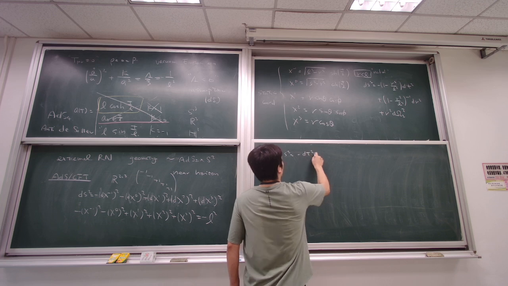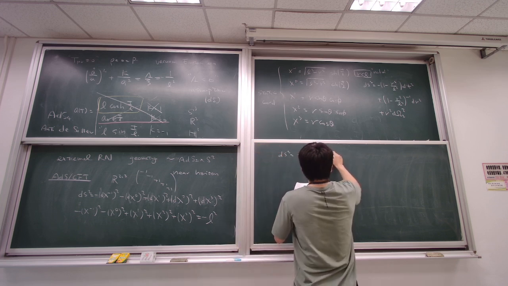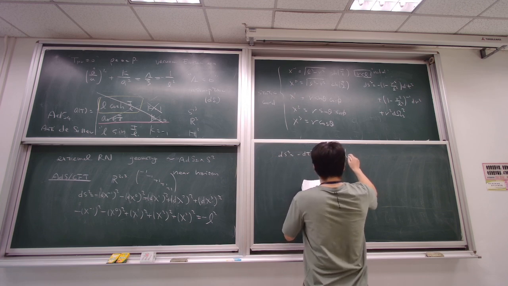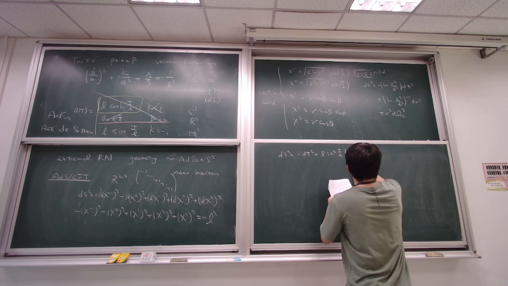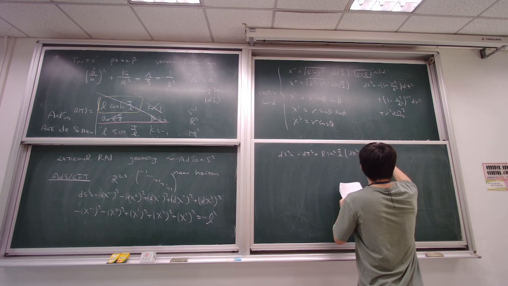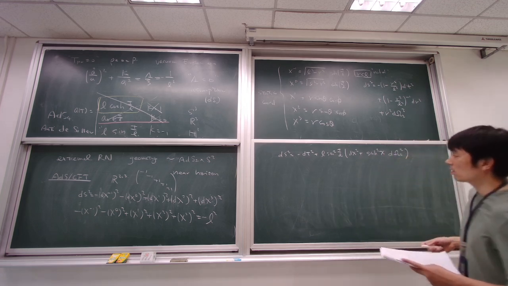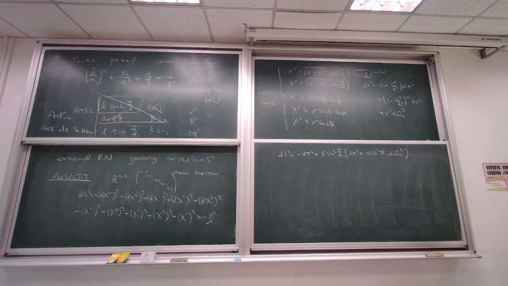Minus dt squared plus L sine squared t over L, then d chi squared plus sinh squared chi d omega 2 squared. That's what we want. I understand, okay.